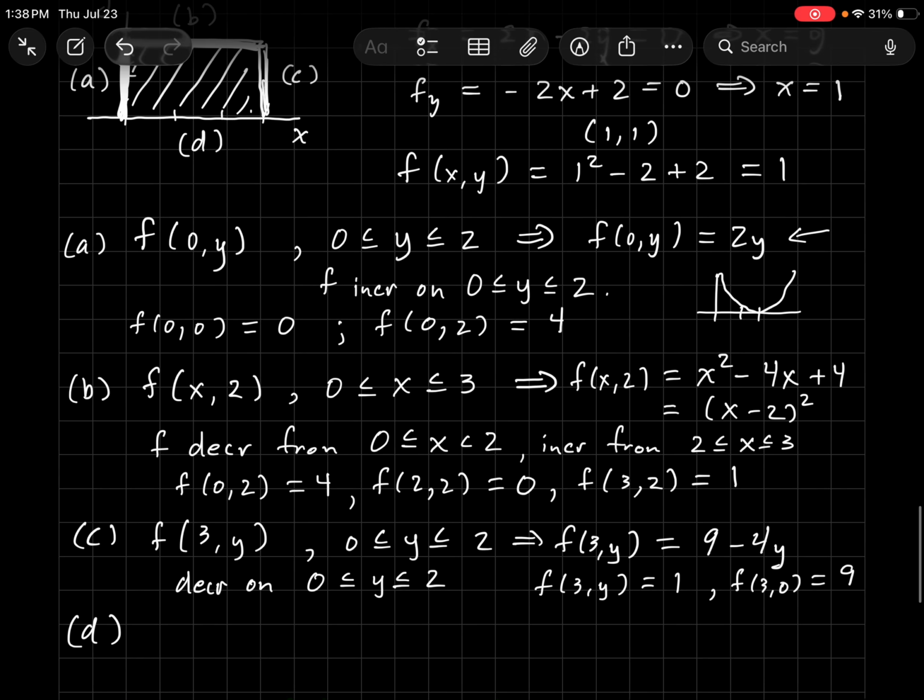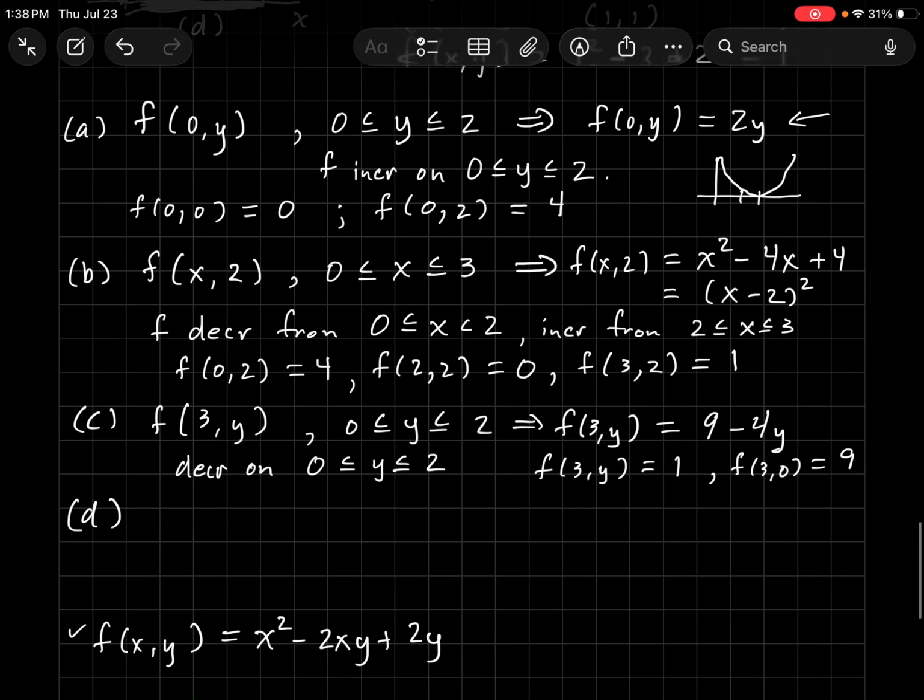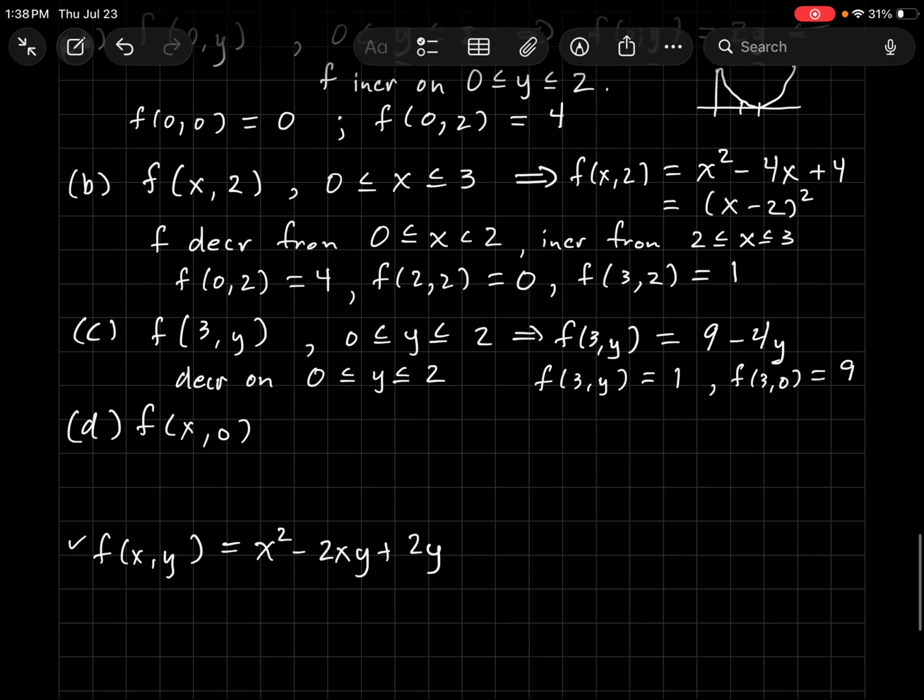The final side D, and again, it doesn't matter which way I go, but notice that x is changing, but y is always 0. And we're on the interval 0 to 3 for x. So f of x comma 0 is x squared.